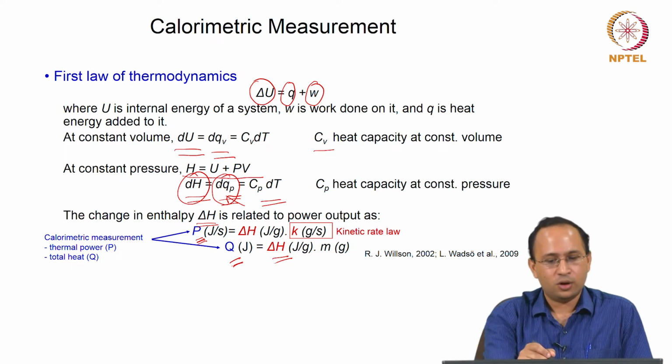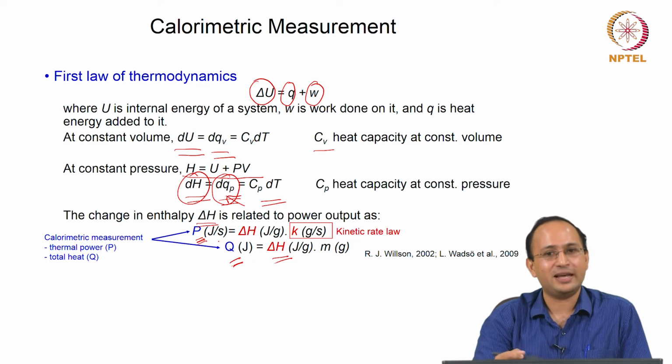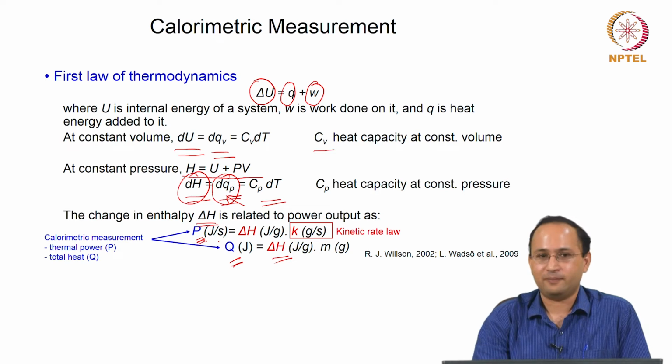So you can see how powerful it can be. Just by having these two measurements, you can tell a lot about the system. For any process taking place, you always want to know how fast it is taking place. For example, think about rusting of a metal. You want to know how long it will take.